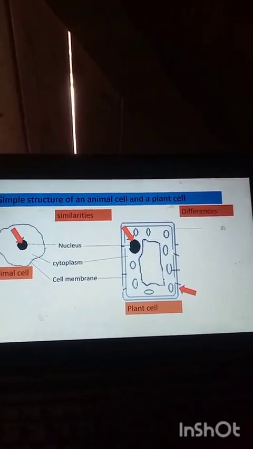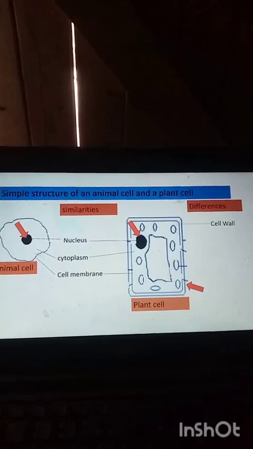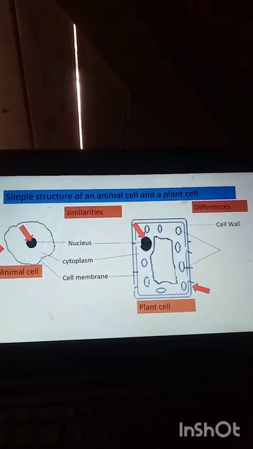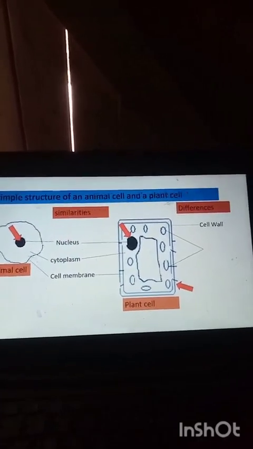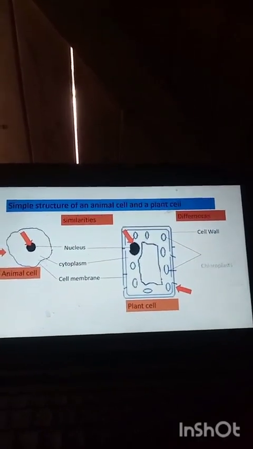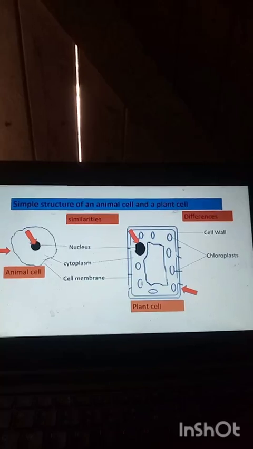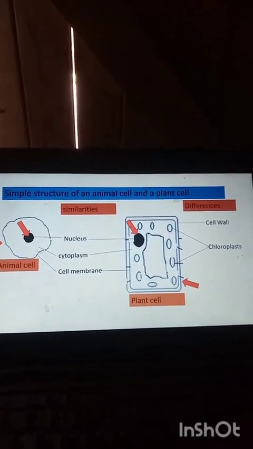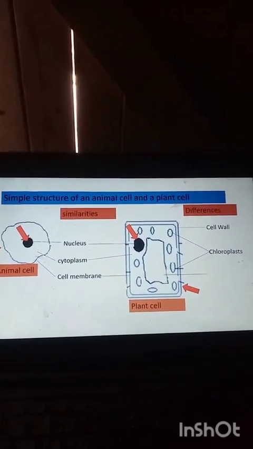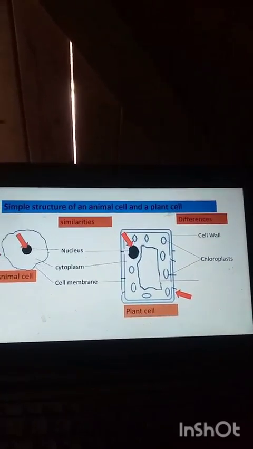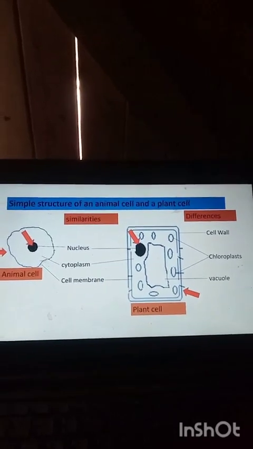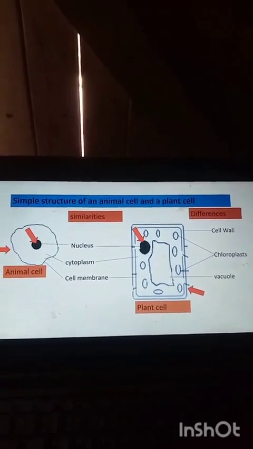Number two, a plant cell has got the chloroplast, while an animal cell doesn't have a chloroplast. The third one is the presence of the vacuole in a plant cell, while it is not there in an animal cell.